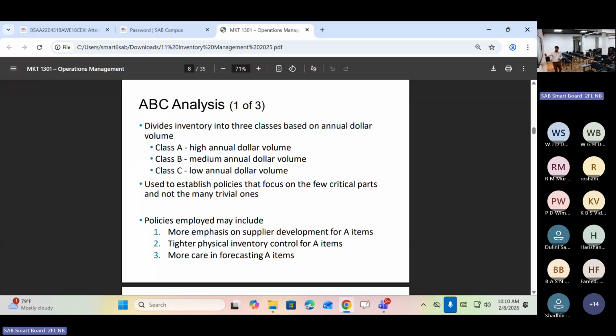As you see it here, more strict policies will be maintained for class A items. They will also work on supplier development for A items, tighter physical inventory control for A items, and more careful forecasting of the demand for A items, managing inventories for A items seriously.